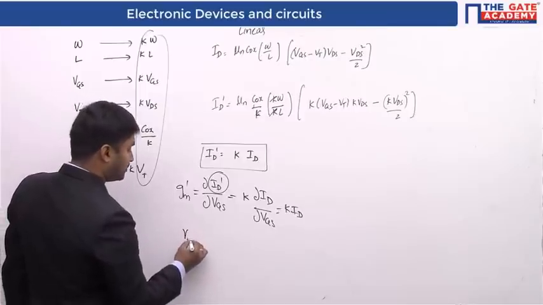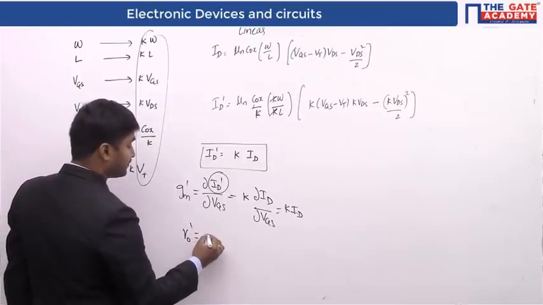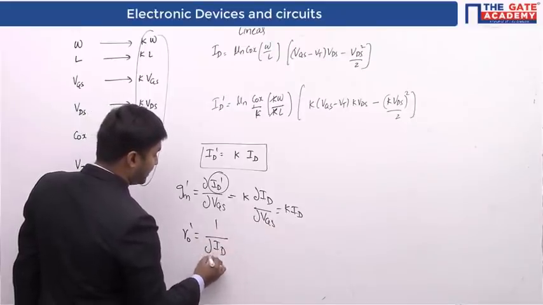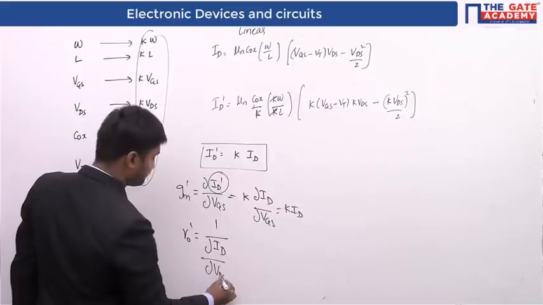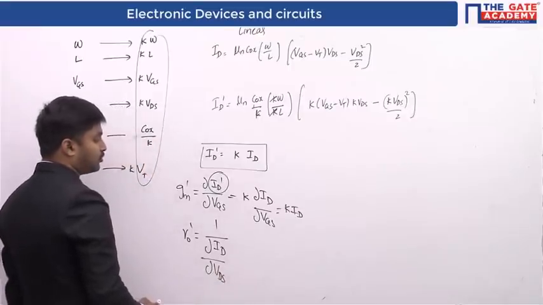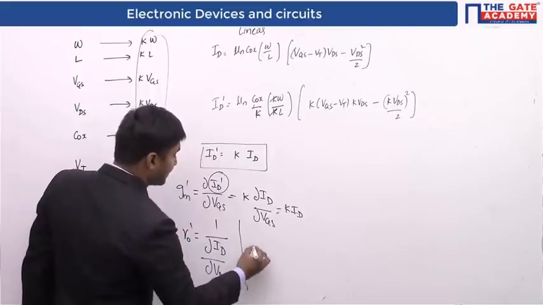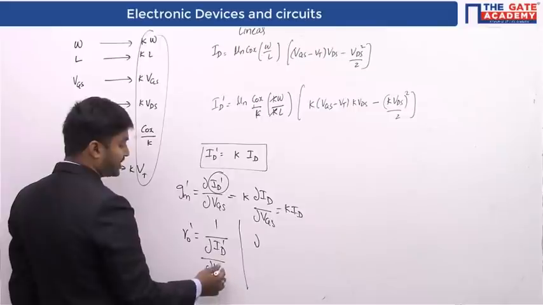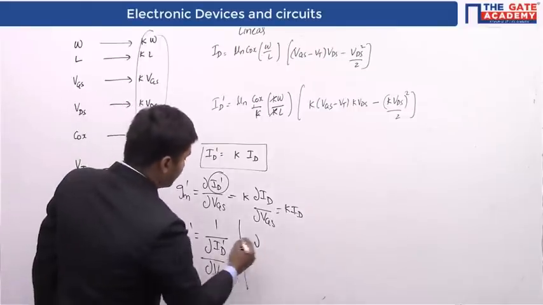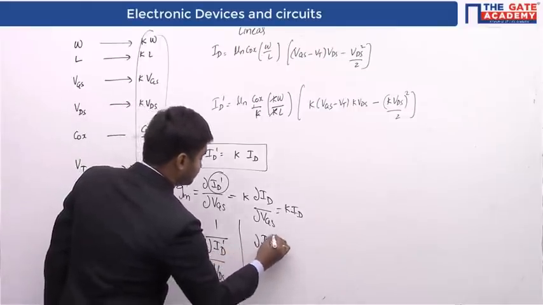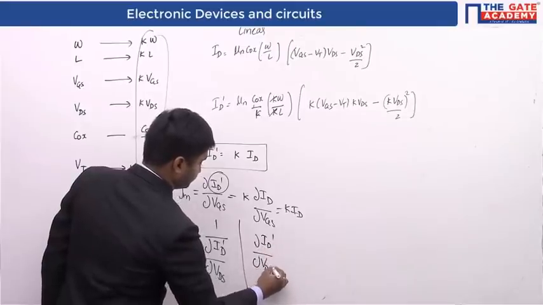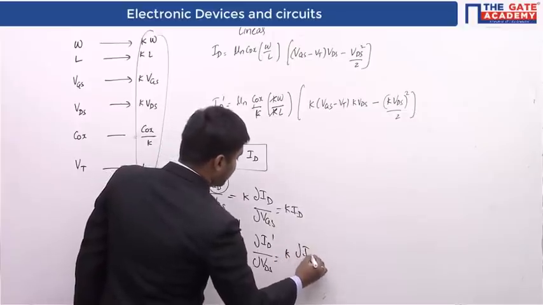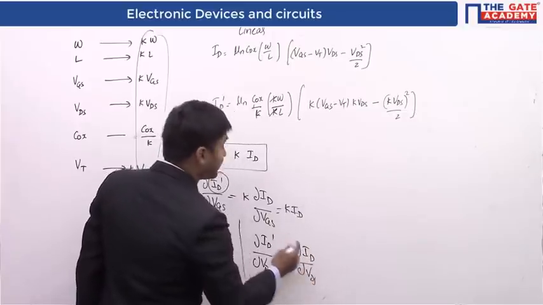Now R naught dash is going to be 1 by dou ID dash by dou VDS. Can you please tell me what is the value of ID dash? So let us find out dou ID dash by dou VDS, which is going to be K times that of dou ID by dou VDS, just like the way we have seen here.